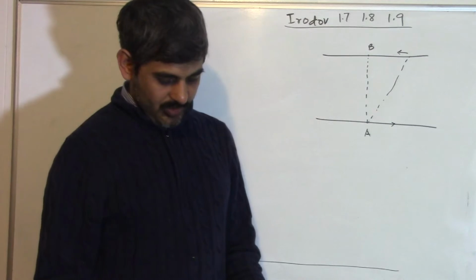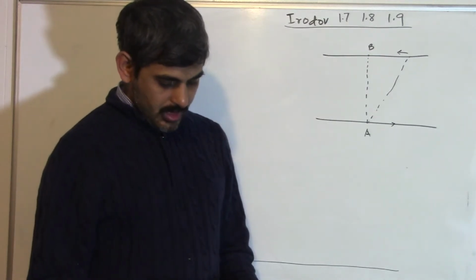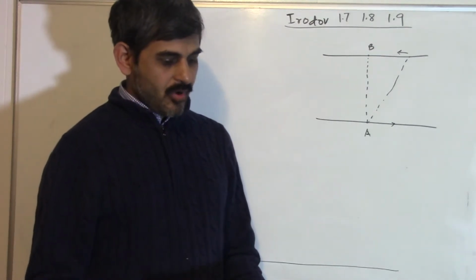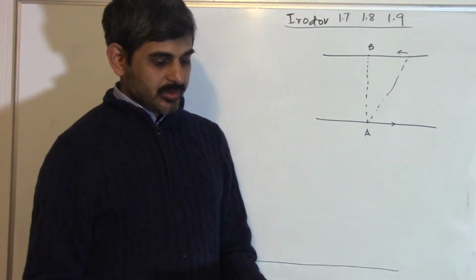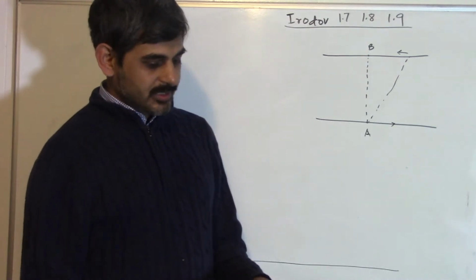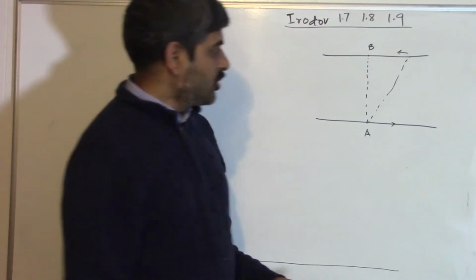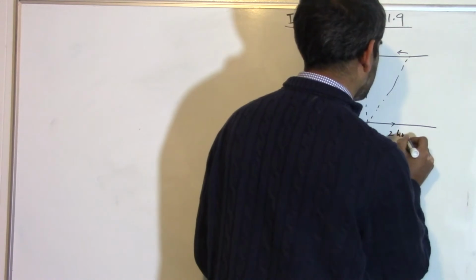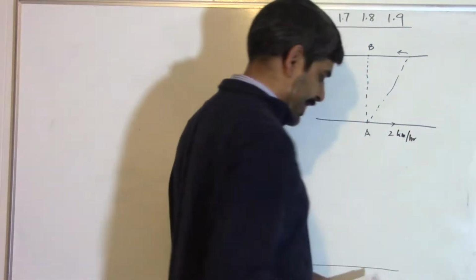What we need to find is the velocity u of his walking if both the swimmers reached the destination simultaneously. The stream velocity is given as 2 km per hour. I will directly write this velocity, 2 km per hour.